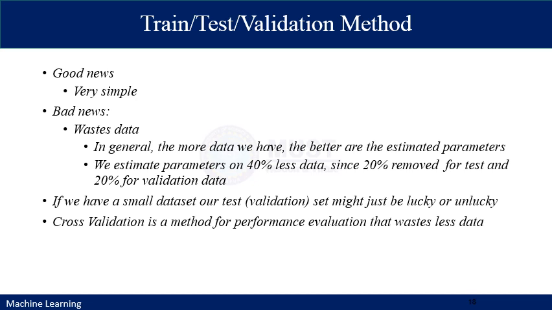For example, if we have a smaller set of the data, we estimate parameters on 40% less data. That means we only train on 60% of the examples because 20% are removed for test and 20% are removed for the validation data. If we have a small data set in our test or validation set, we might just be lucky or unlucky, and then you do not have probable confirmation that you have trained your model effectively.